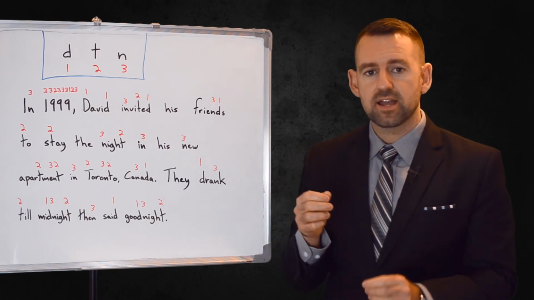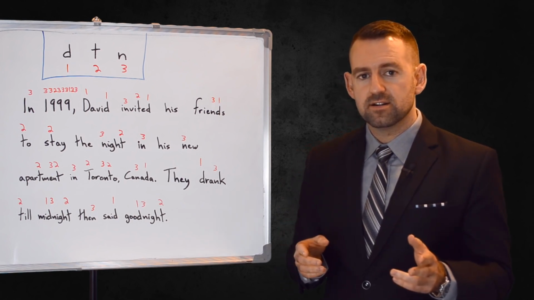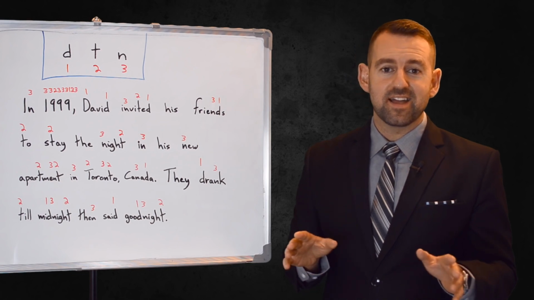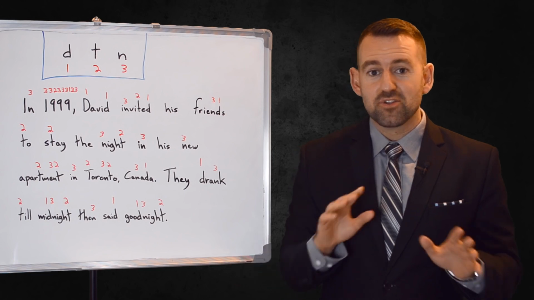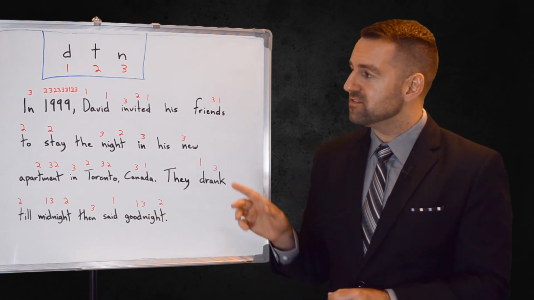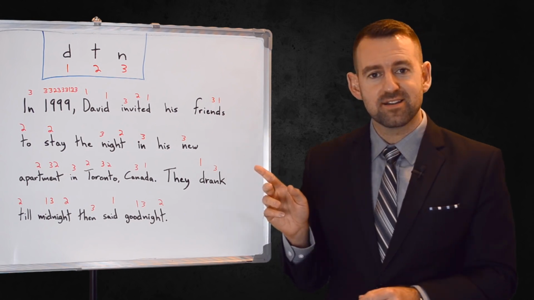D and d. T, t. N, n. Okay, in English, we don't have any of those sounds. Those sounds don't exist in English. In English, we only have d, t, and n.